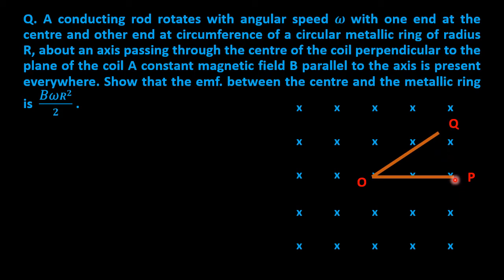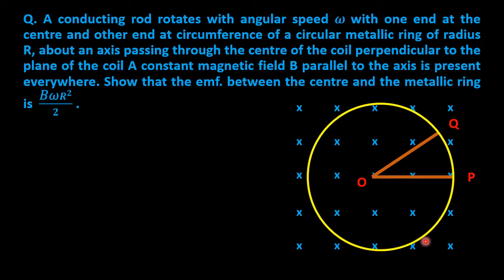The movement of the point P of the rod will be just like a circle. We denote it by a circular metallic ring here, and this circle has a radius equal to the length of the rod, and let the length of the rod be capital R.